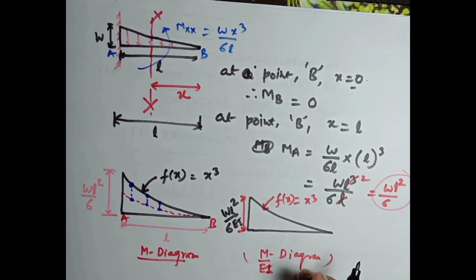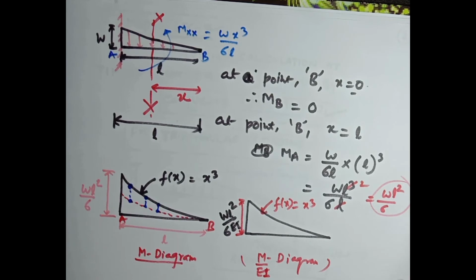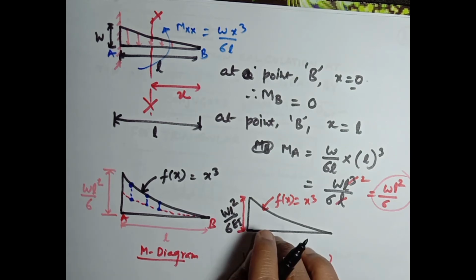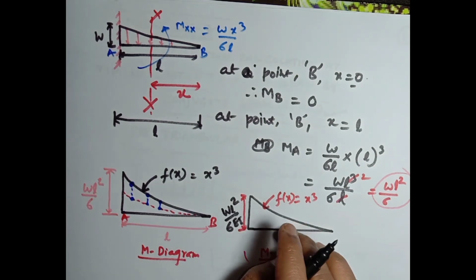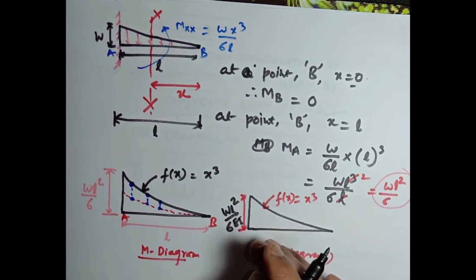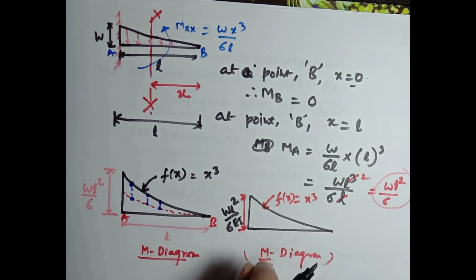Now, as per the statement of the conjugate beam method, the M over EI diagram of a real beam will be directly put on the conjugate beam to make a loading diagram in the conjugate beam.